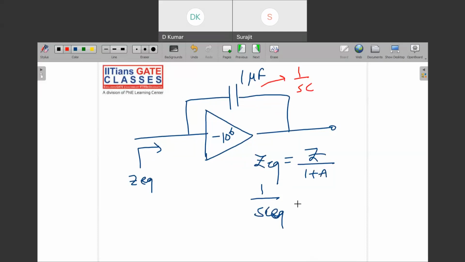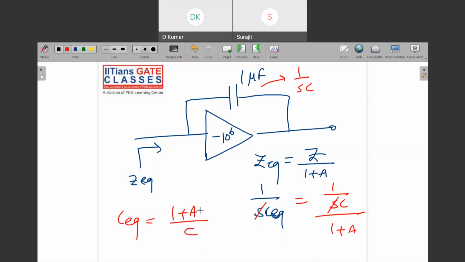So 1 by SC equivalent will be here and Z will be 1 by SC times 1 plus A. So what is C equivalent here? Can you tell me? C equivalent here will be 1 plus A by C, right? If you compare here, this will get cancelled, so C equivalent will be 1 plus A by C.